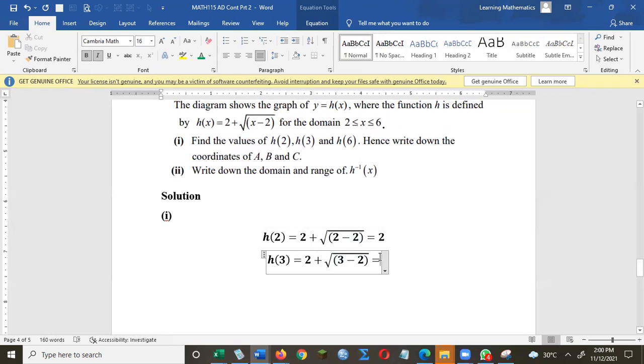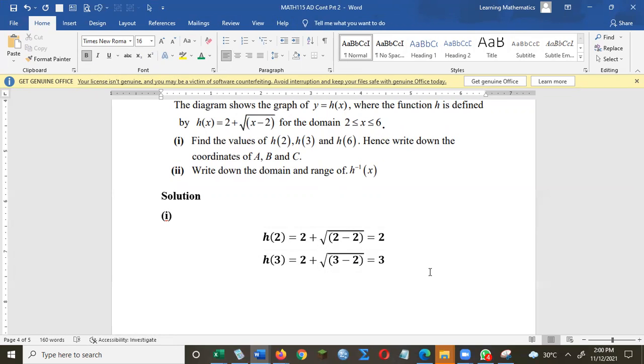And you can actually prove those answers that I'm writing there. Okay, so don't just take it for granted and copy it down. Prove it yourself. So now we have to find what h of 6 is.